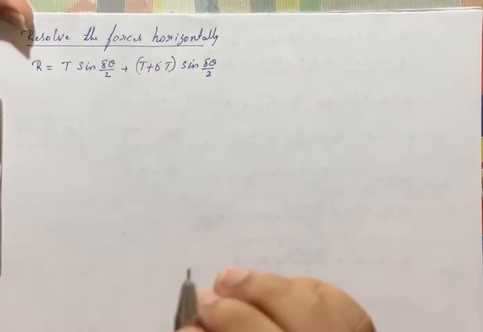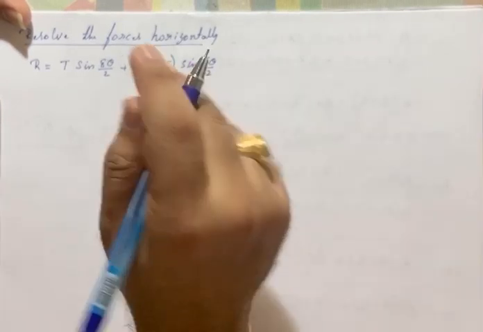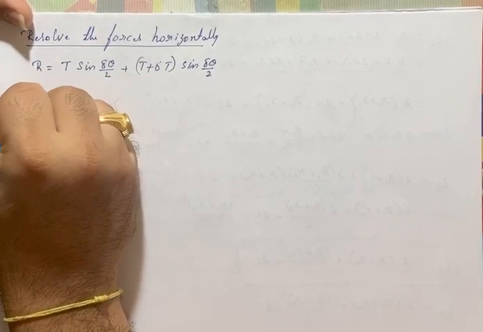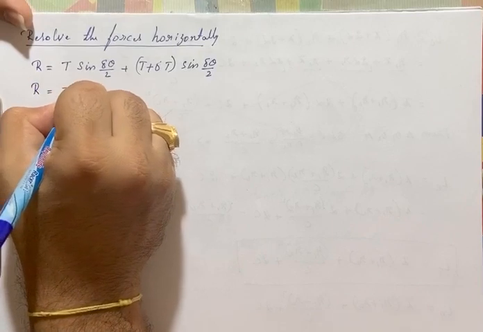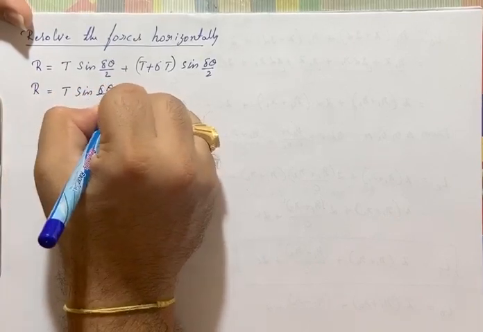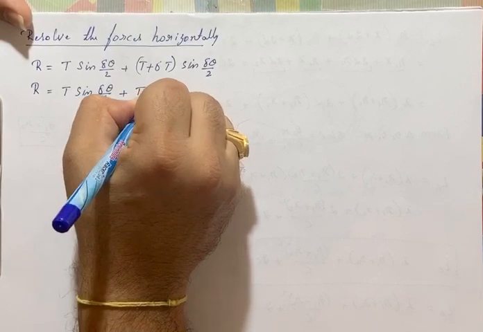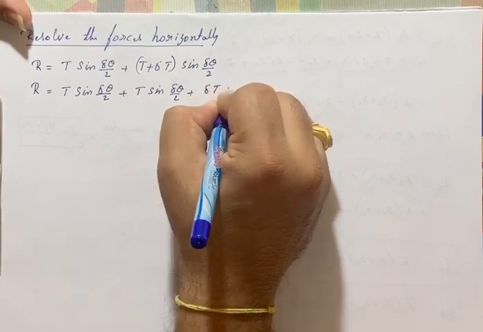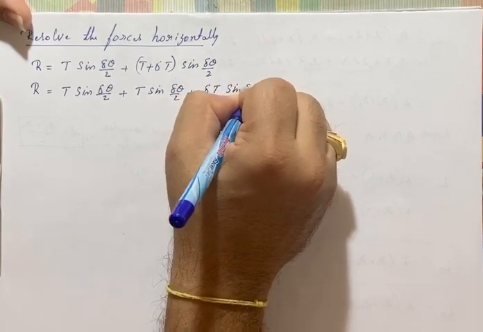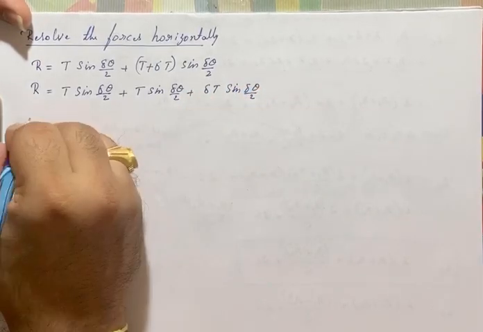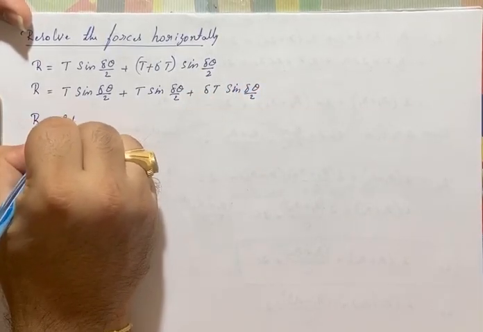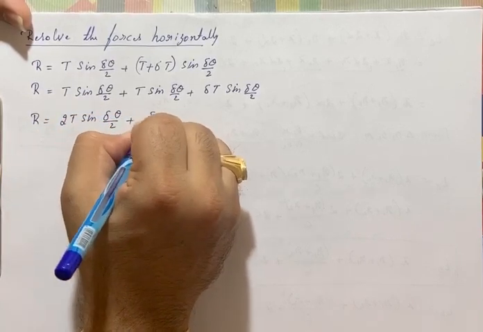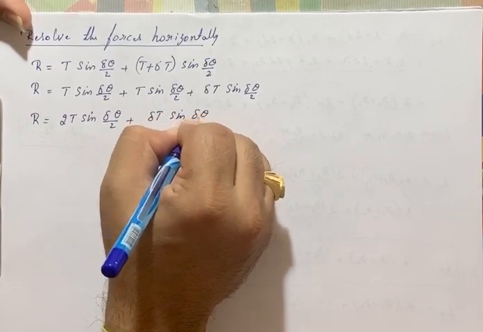Now I will multiply sin delta theta by 2 inside the bracket. R equals T sin delta theta by 2 plus T sin delta theta by 2 plus delta T sin delta theta by 2. So R equals 2T sin delta theta by 2 plus delta T sin delta theta by 2.